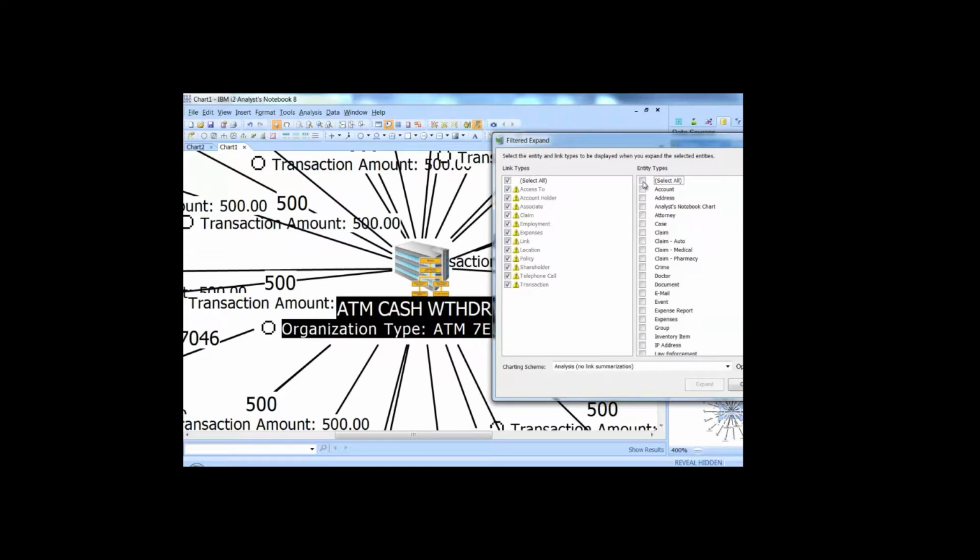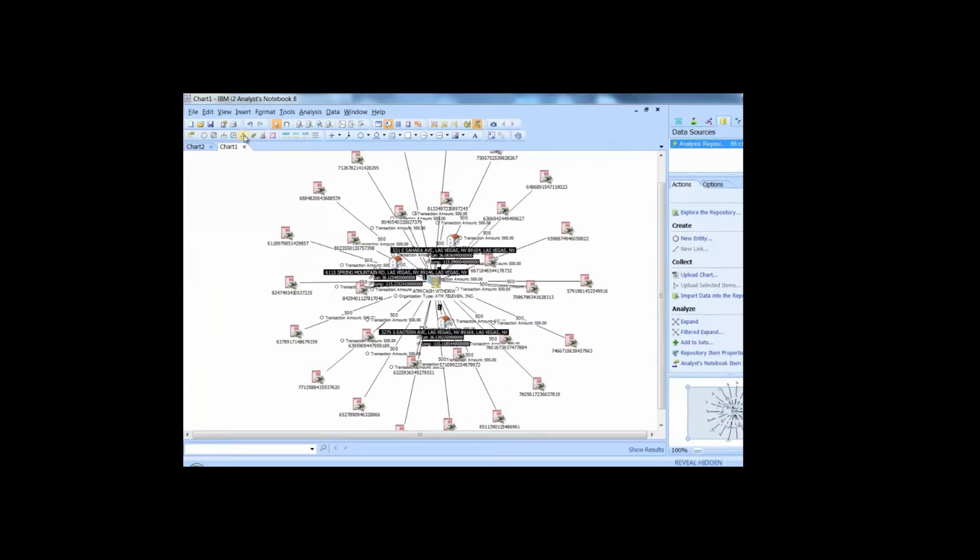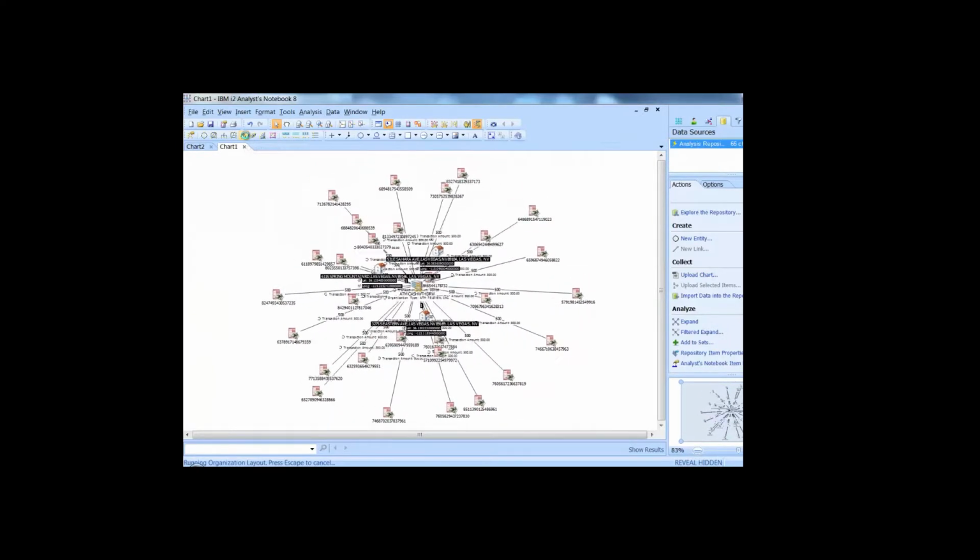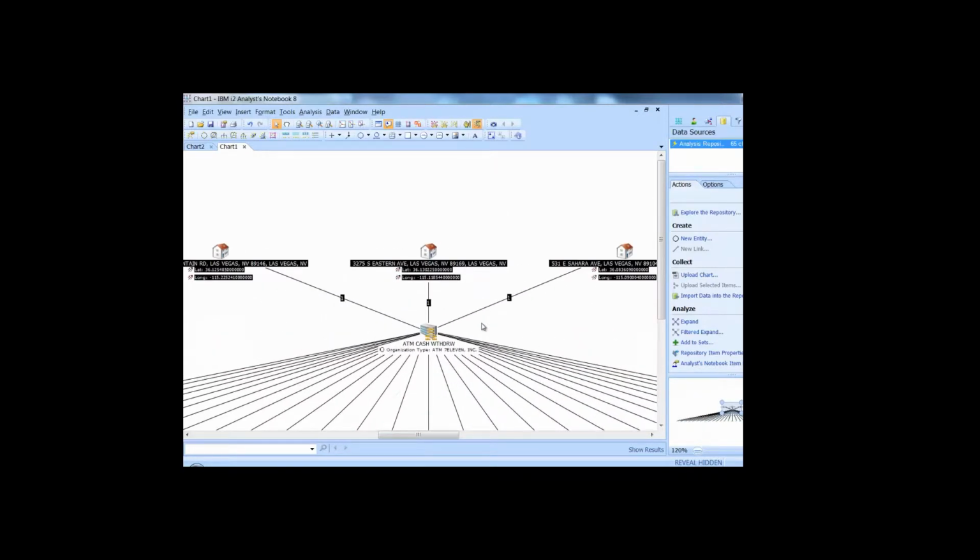Instead of casting that wide net and bringing in a lot of information, she chooses to pull a specific investigative thread. As she expands out on only this suspect ATM, she finds that there are actually three, all of which happen to be located in Las Vegas.